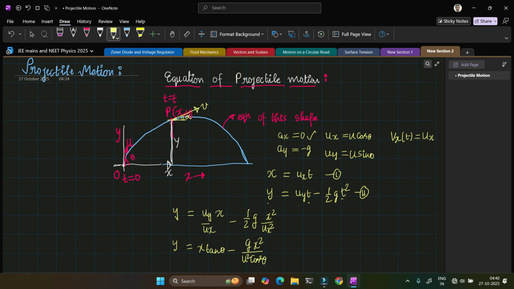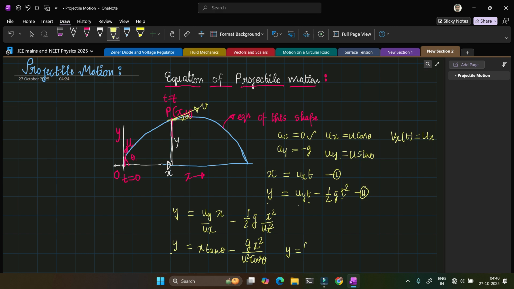So this is the equation that we get, and this shows y as a function of x.